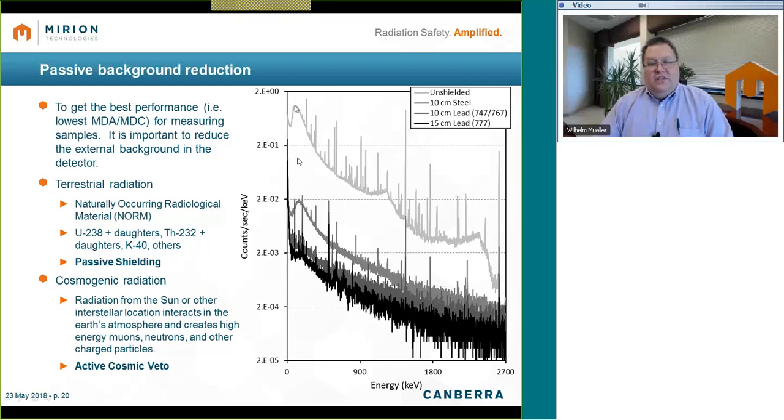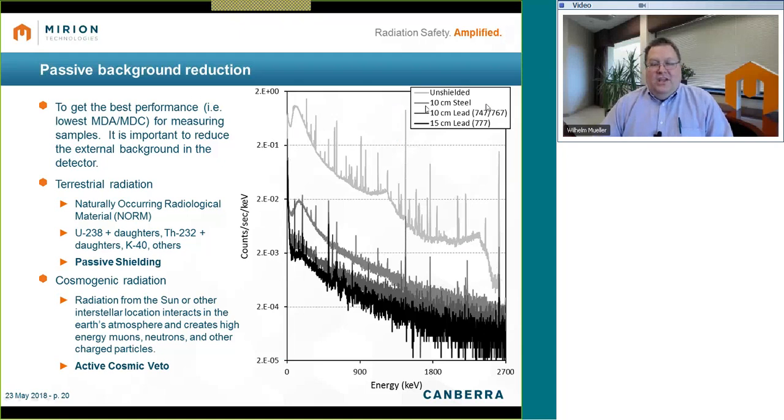In an unshielded configuration, you get the spectrum in the top curve, where one can see the thallium-208 from the thorium decay series and the potassium-40 from the NORM samples. And this is ubiquitous in everybody's gamma ray spectra.